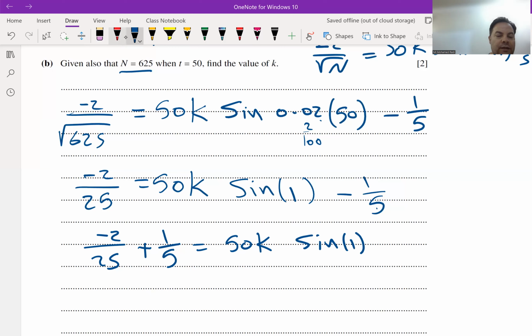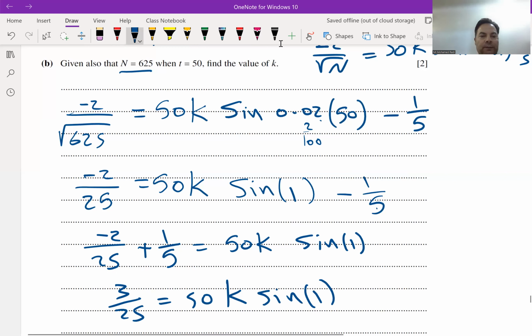So k is equal to minus 2 over 25 plus 1 over 5, which is 3 over 25, is equal to 50k multiplied by sine 1.